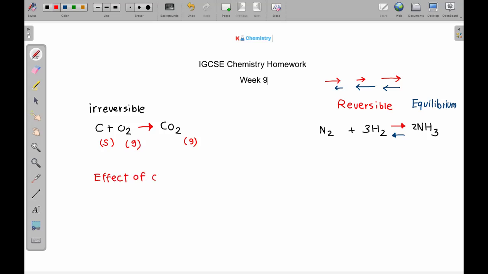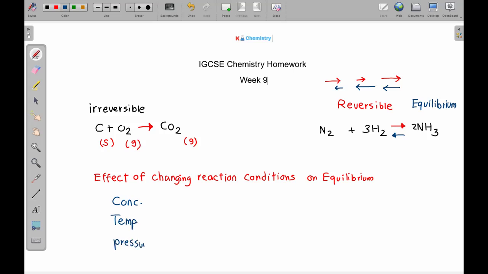The effect of changing the reaction conditions on the equilibrium. Changing the reaction conditions like concentration, the temperature of the reaction, and the pressure of the container where the reaction is happening can change the equilibrium position.